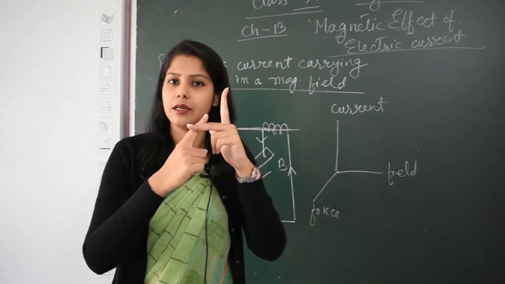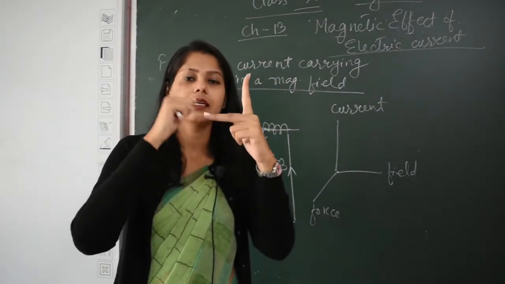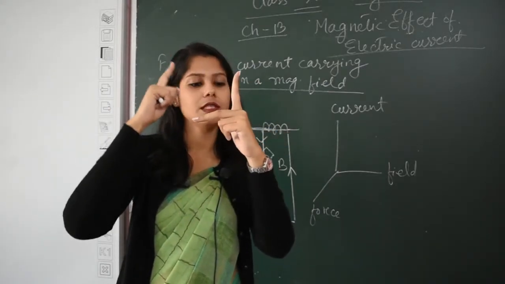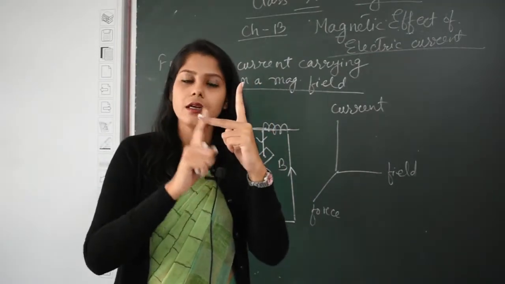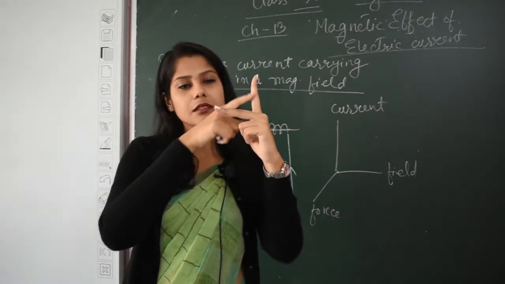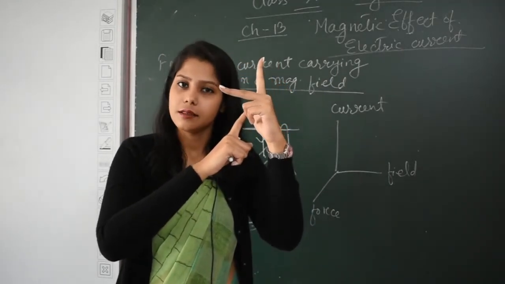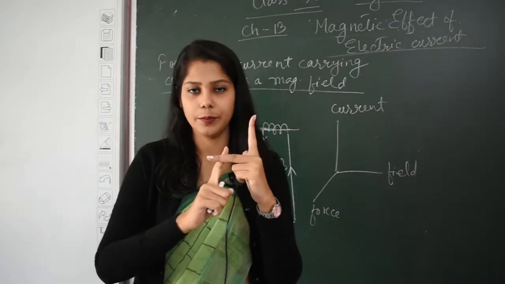These three are perpendicular: this is the force, this is the magnetic field, and this would be the current. This is called Fleming's left hand rule.